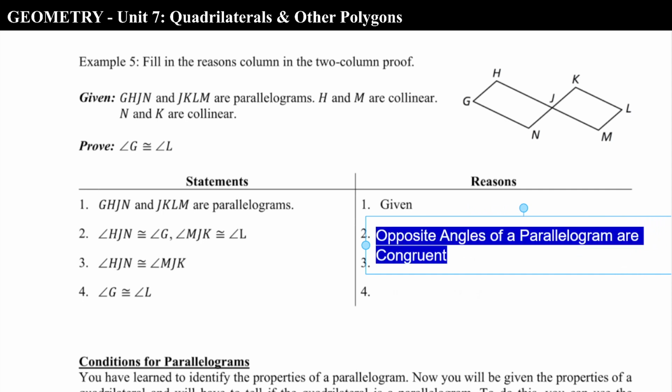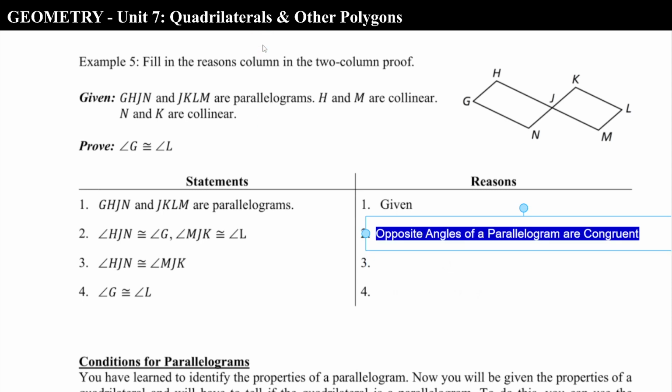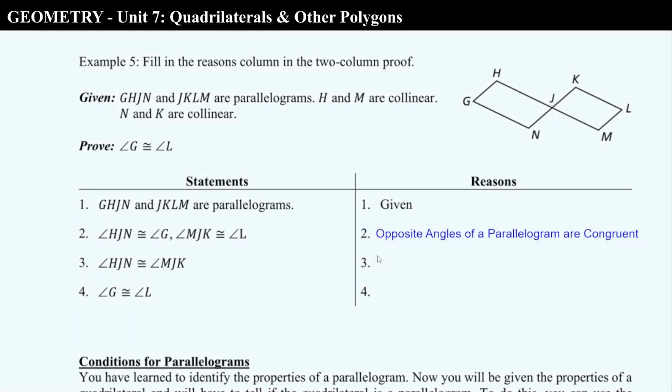And let's make that just a little bit smaller so it will fit in the line. Now, HJN, which is here, is congruent to MJK. We know that because of the vertical angle theorem. And then angle G and angle L are congruent.